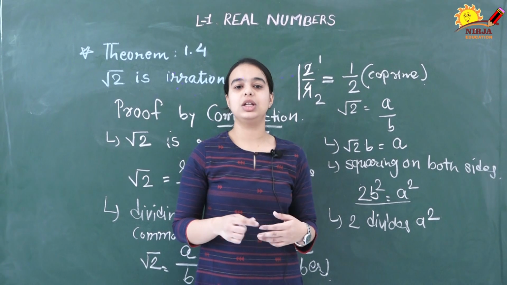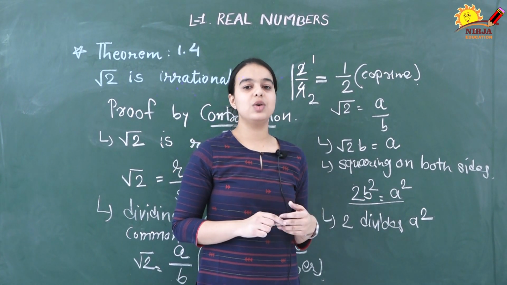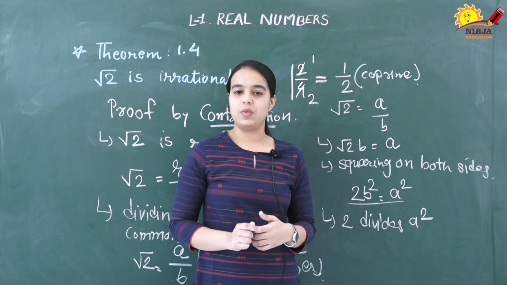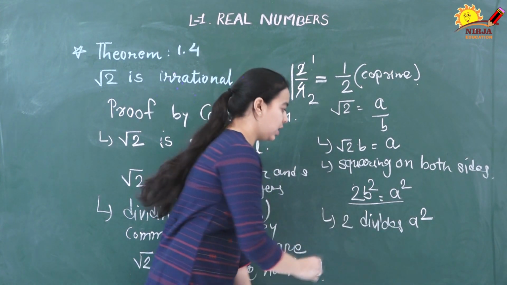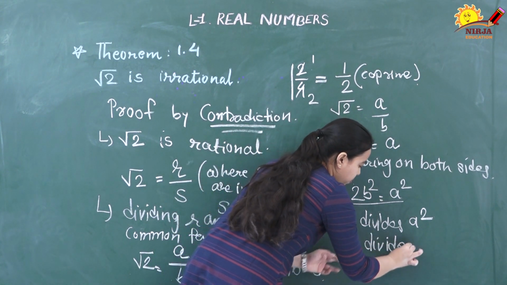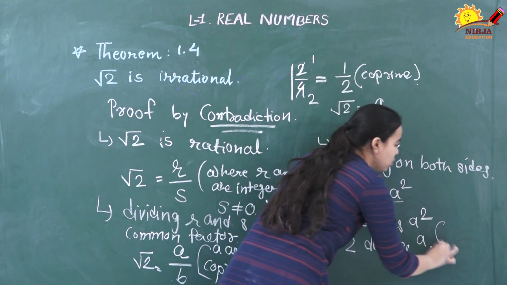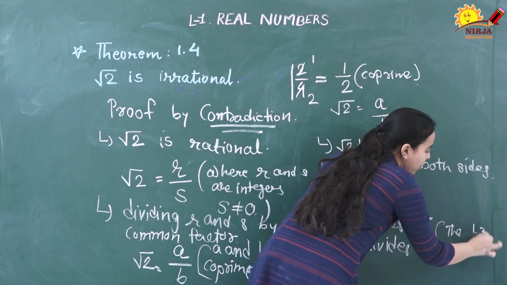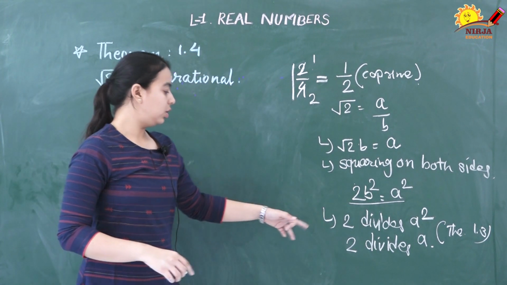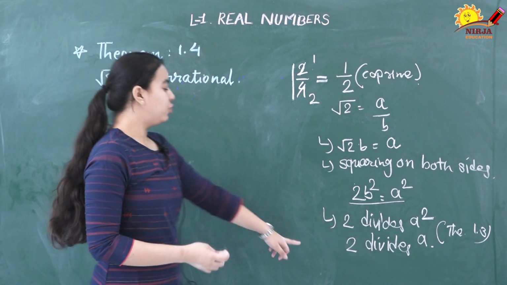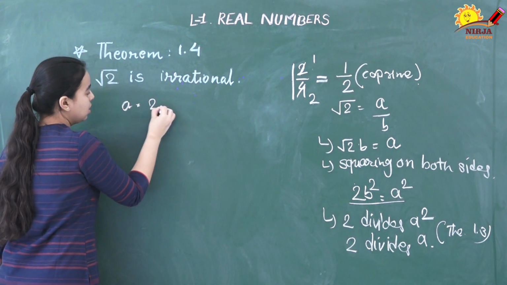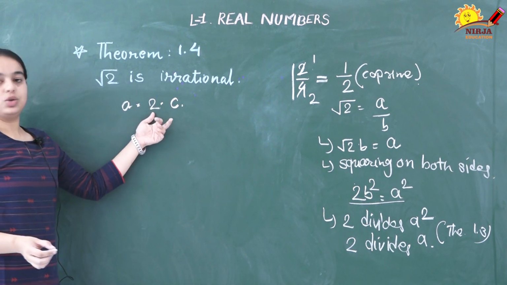And from theorem 1.3, which we have just seen, if p divides a square, then p divides a. If 2 divides a square, then we can conclude that 2 divides a also. Here we have used theorem 1.3. Let's proceed further. So here I got 2 divides a. So if 2 divides a, then for any integer c, I can write a is equal to 2c.